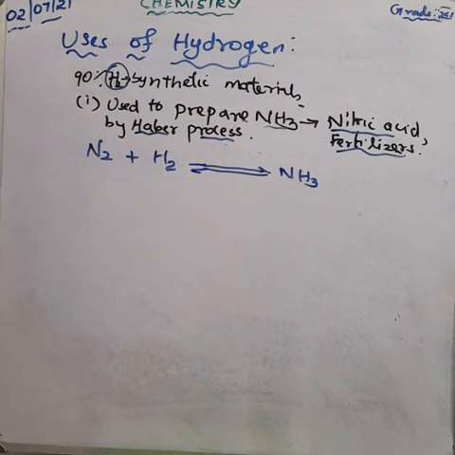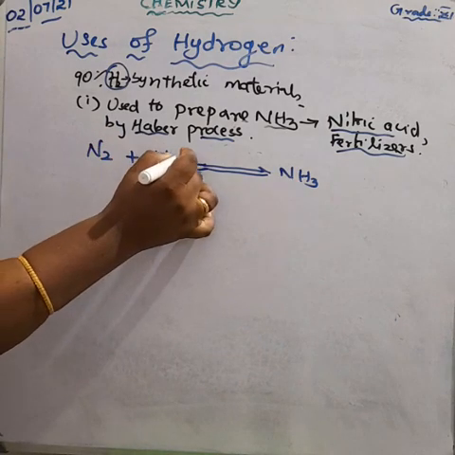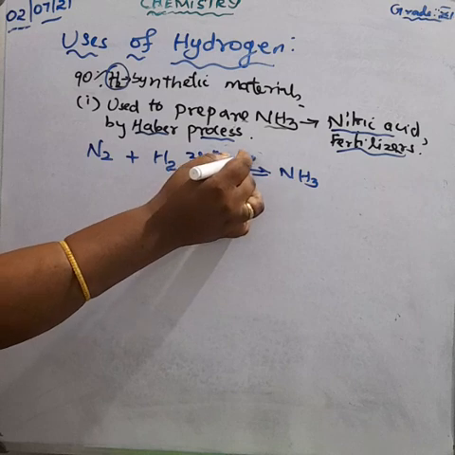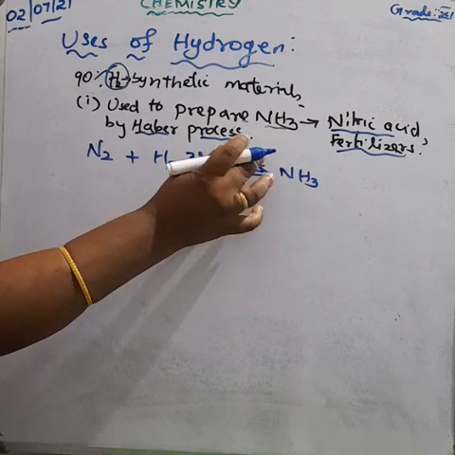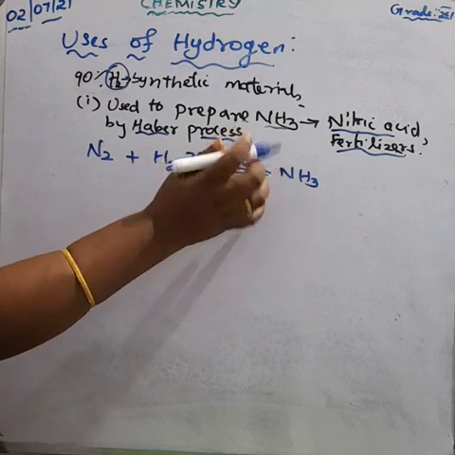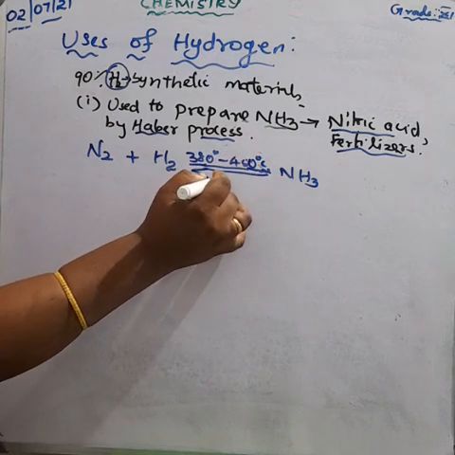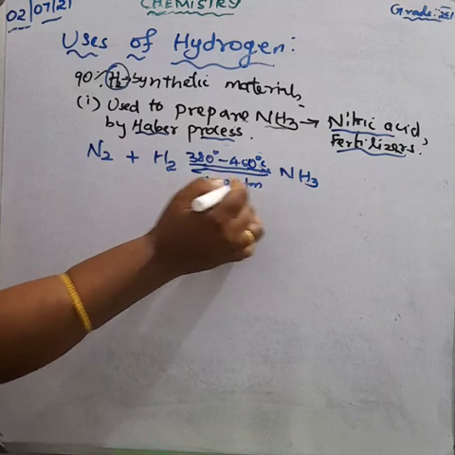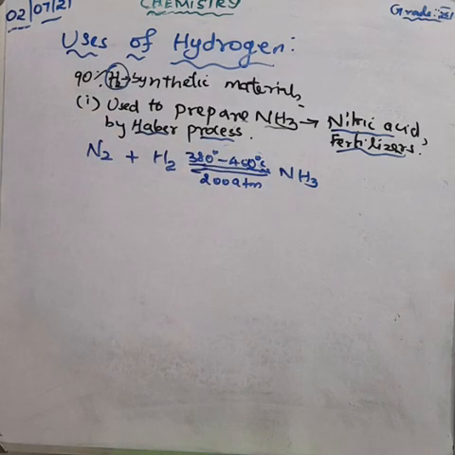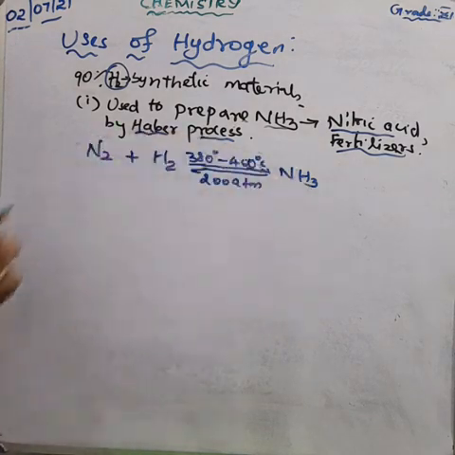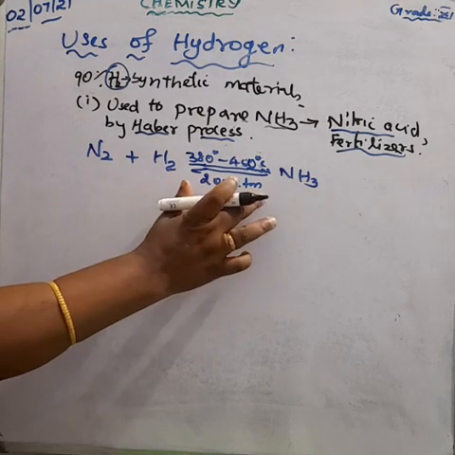What is the temperature here? 380 degrees Celsius to 450 degrees Celsius. And what is the pressure? 200 atmospheric pressure. We have to apply 200 atmospheric pressure and a temperature of 380 to 450 degrees Celsius, combining nitrogen and hydrogen gas. We get ammonia.